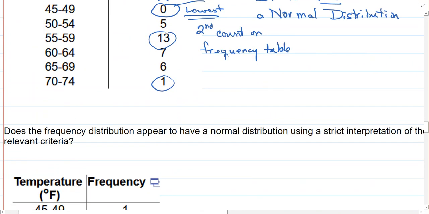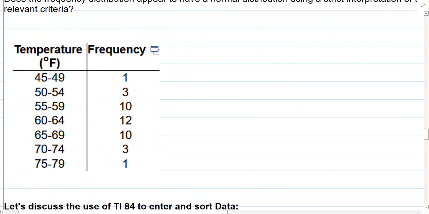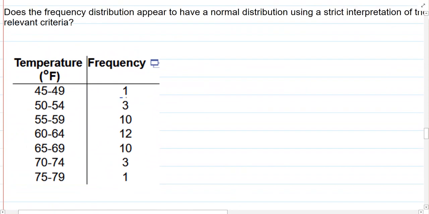Well, this next example we have is a low, increases, so it's going like this to the 12 and then decreases. So it's got the low, the high, and back down to the low.